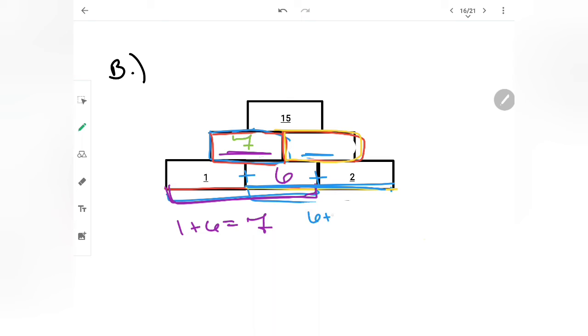So 6 plus 2 should be equivalent to 8. Therefore, 8 should go right there. You're welcome to go back and double check this if you like. 7 plus 8 should be equivalent to 15. 1 plus 6 should be 7. 6 plus 2 should be 8, and so on and so forth.